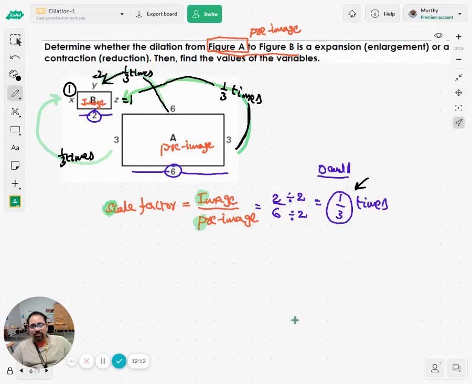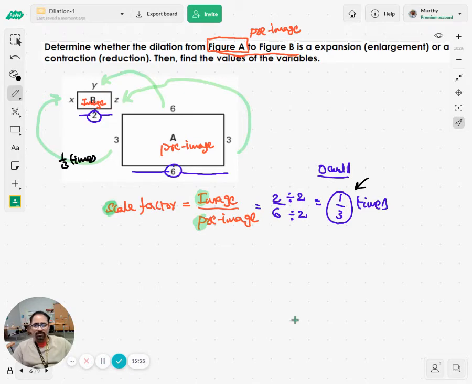If you have any difficulty or confusion, I'm going to repeat the same thing once again. Here you take 1/3 times these sides, that gives you x, y, and z values. x equals 1 over 3 times the corresponding value.